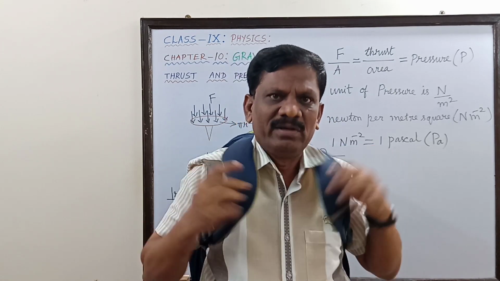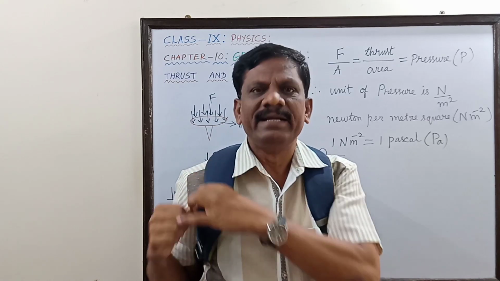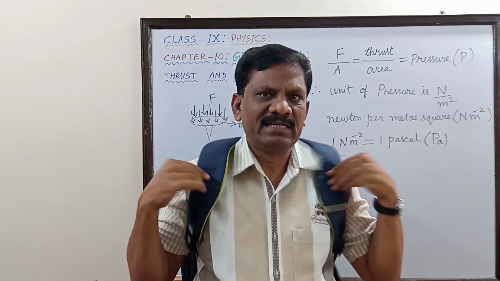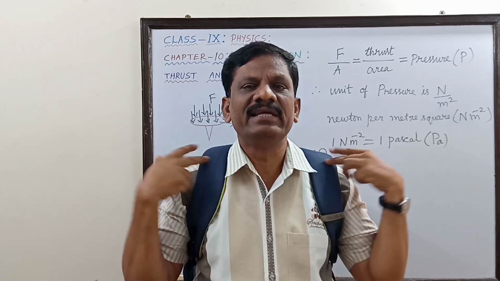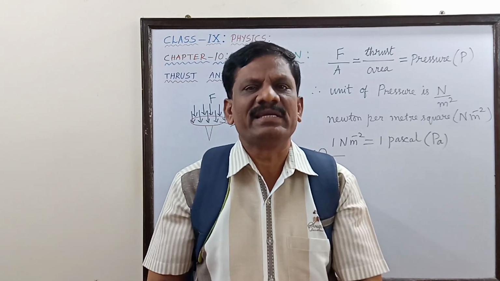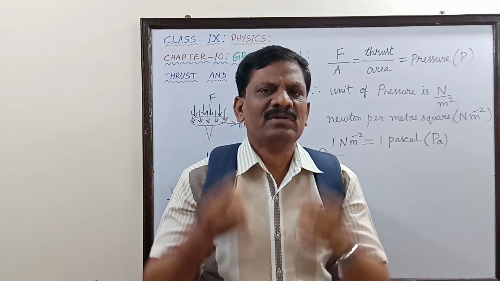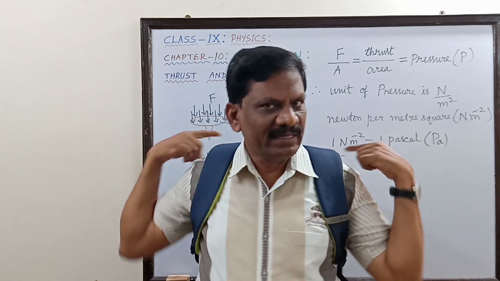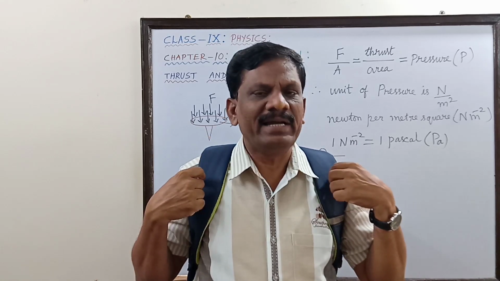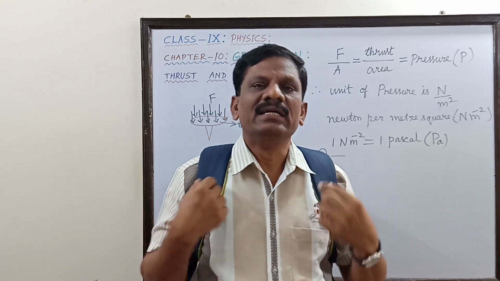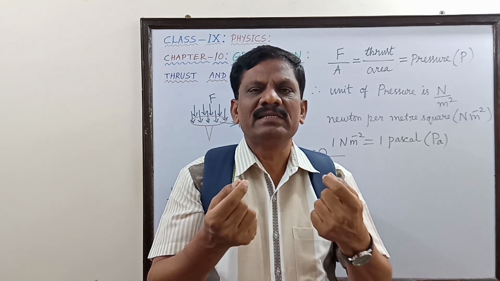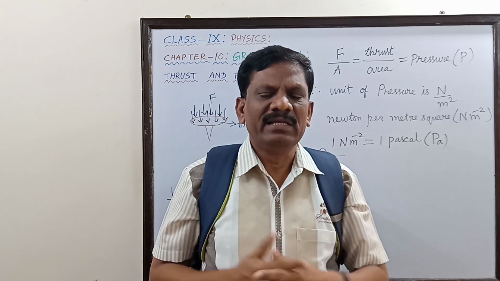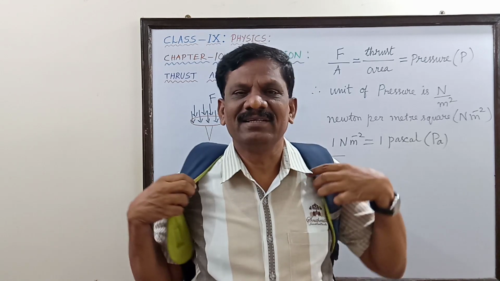So to avoid that, flat and wide straps are provided, so that the force exerted acts over a larger surface area, and the pressure will be minimized. Suppose it is a thin rope, what would have happened? The same book weight will pull the bag in the backward direction, and below that small rope the surface area will be very small. So force per unit area, the pressure, will be larger.